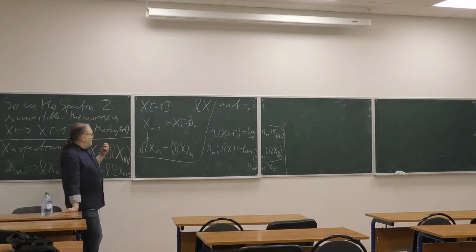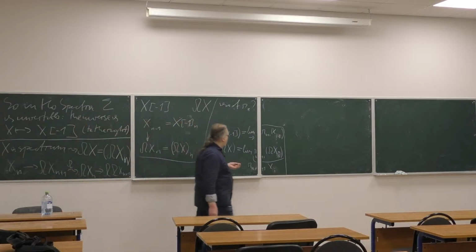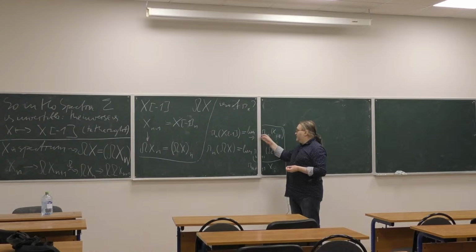So in the first case, we just have the same sequence of groups as we had for X, but with a shift.